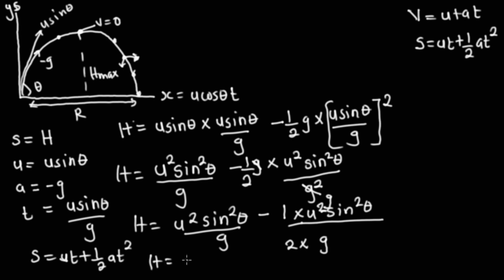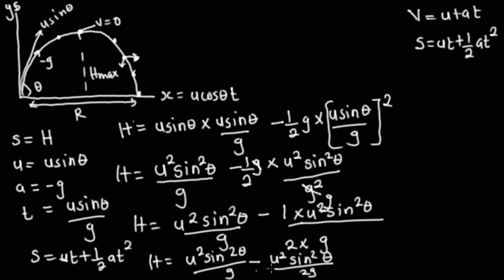h is equal to u squared sine squared theta over g minus u squared sine squared theta over 2g.